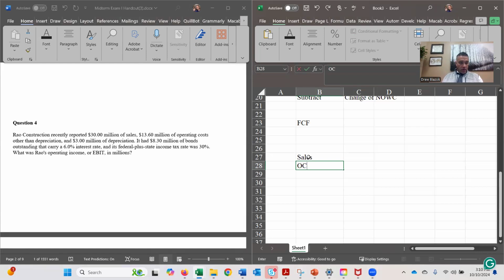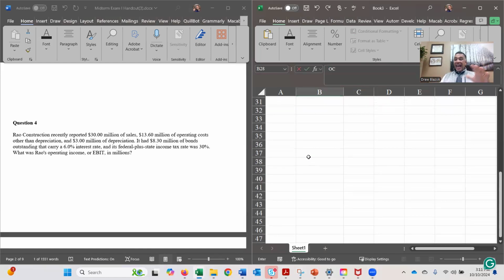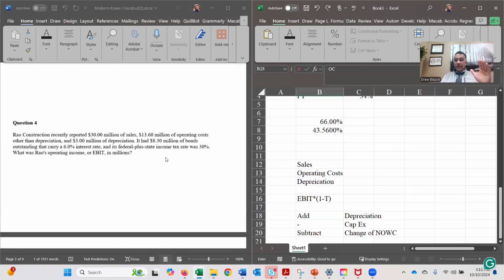What is it asking for? It's asking what is the operating income? That is EBIT. So what do you do with that? You take the sales, subtract out the operating costs, subtract out depreciation. That's EBIT. Don't remember that? Get the Excel sheet that has EBIT on the income statement, and you can see what you have to subtract out. Everything else in this question, you don't have to know.